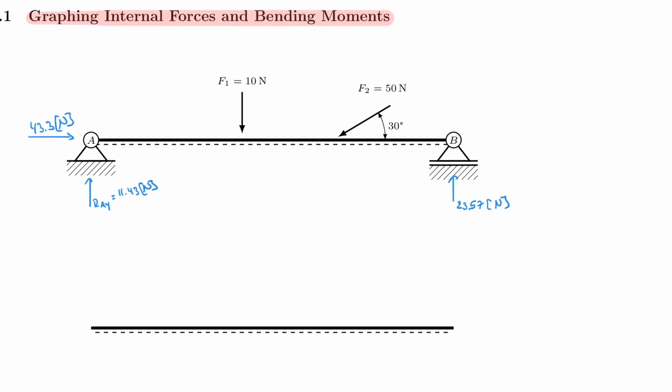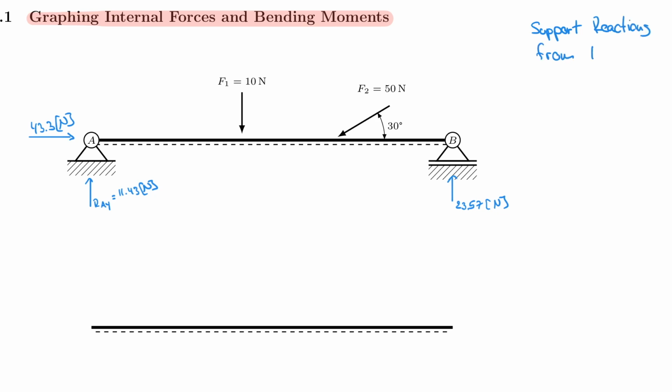Let's remember real quick that we got the support reactions from lecture 10. If you're really puzzled about the support reactions, please go back to lecture 10 to understand properly how you determine them, because as you already saw in the last lecture, we always need the external forces first to find the internal forces.